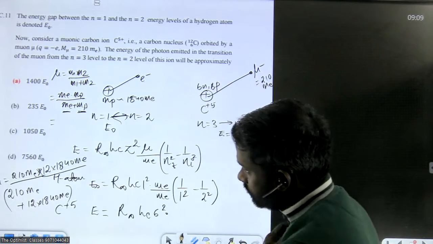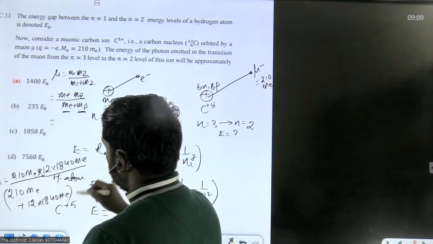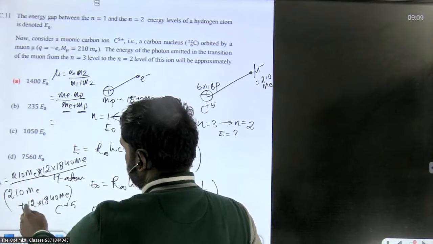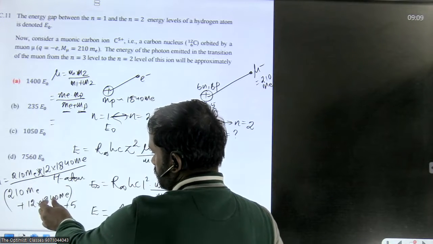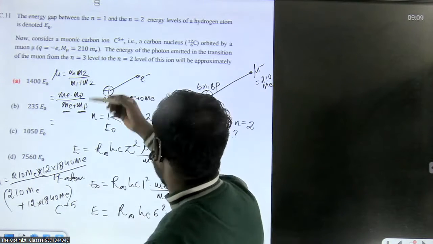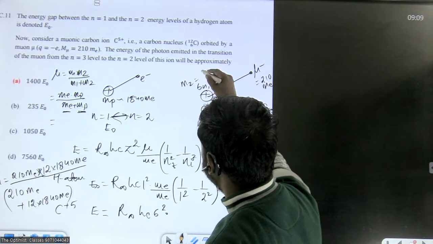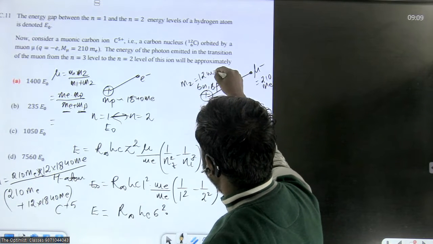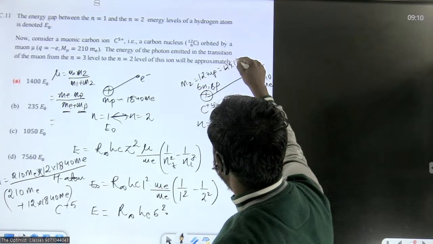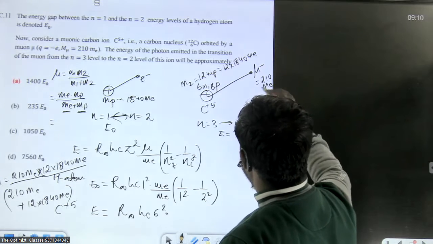Okay, so now you can calculate this: 210 multiplied by 12 multiplied by 1840 me, and in the denominator 210 plus 12 into 1840 me. In place of m1 and m2 we have written the masses: m2 is 12 times mass of proton, which is 1840 mass of electron, and this is m1.